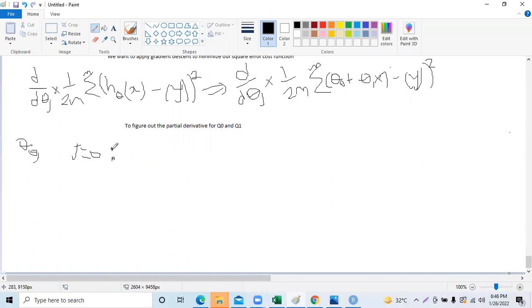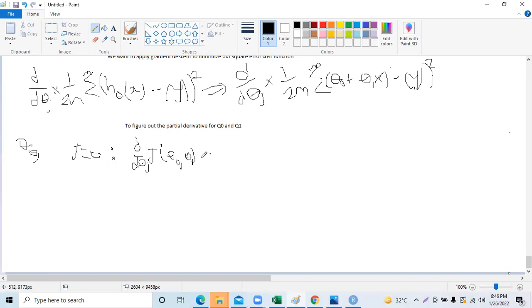This will give us the partial derivative of J of theta 0, theta 1.